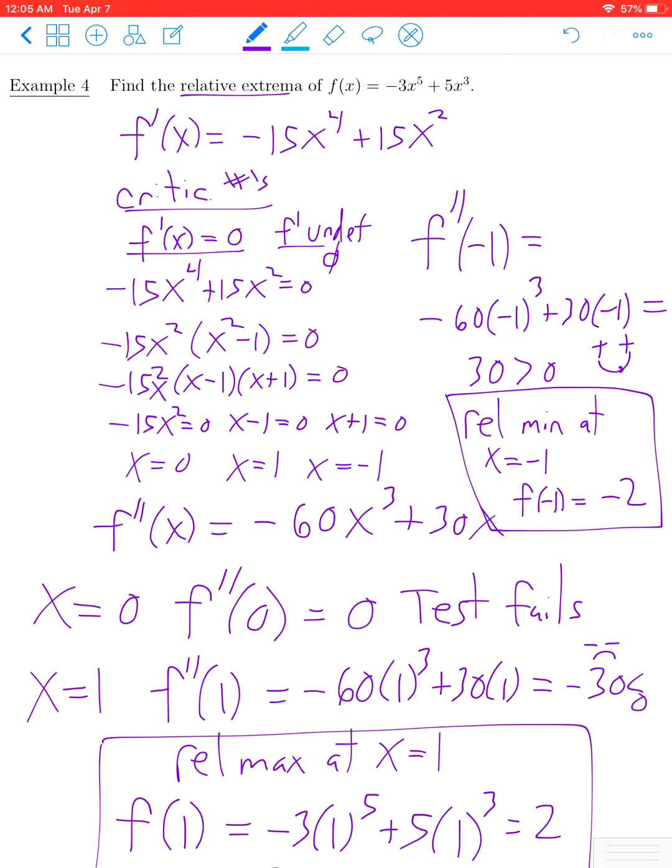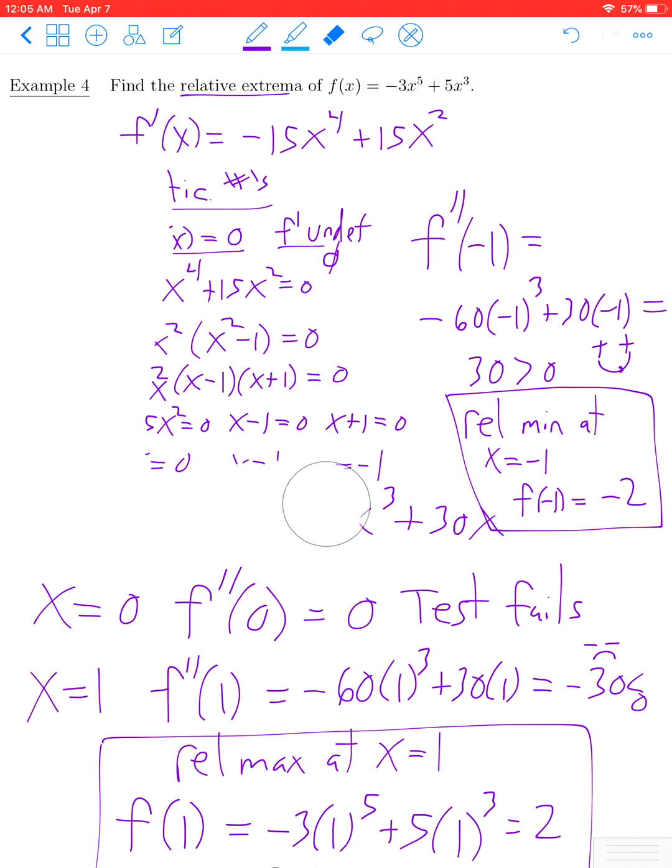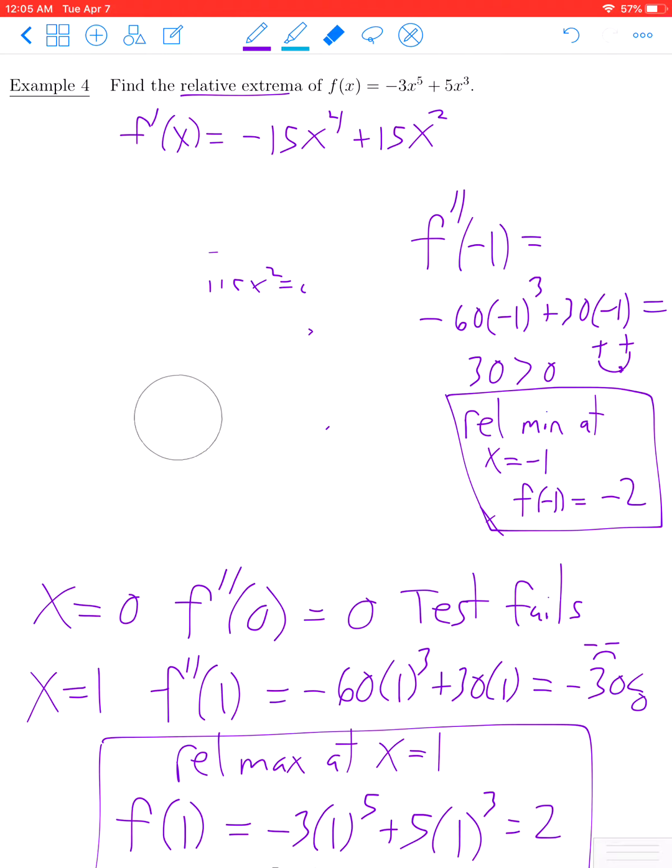And now we just have that one unclassified critical number, which was x equals 0. Whenever the second derivative test fails, we can always go back and use the first derivative test. So let me come back here. My critical numbers were negative 1, 0, and 1.